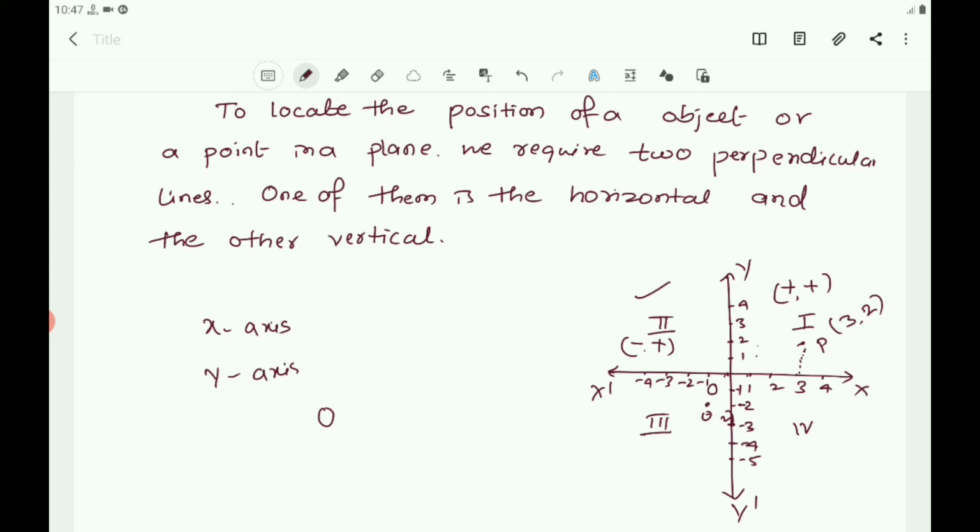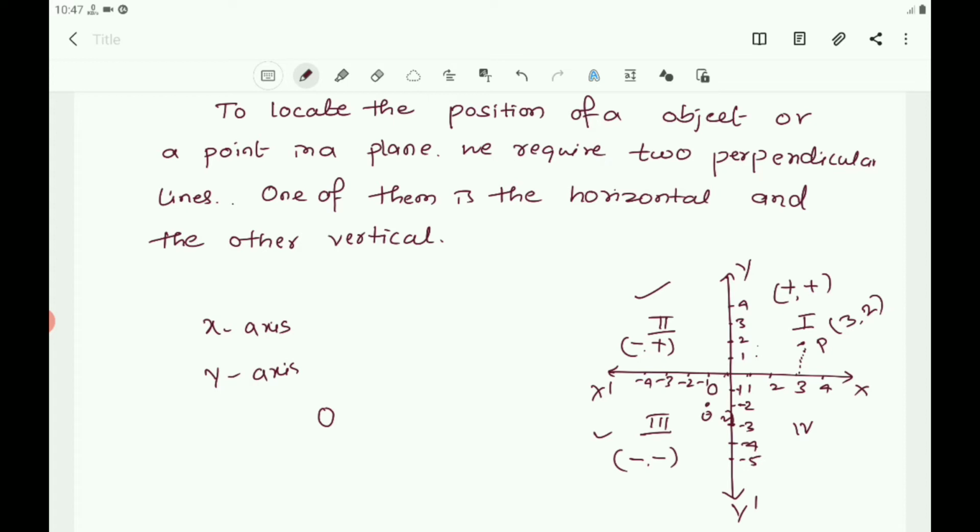If a point is in the third quadrant, then the point will be in the form (minus, minus), since the third quadrant is enclosed by the negative x-axis and the negative y-axis. The x-axis is negative, the y-axis is also negative.